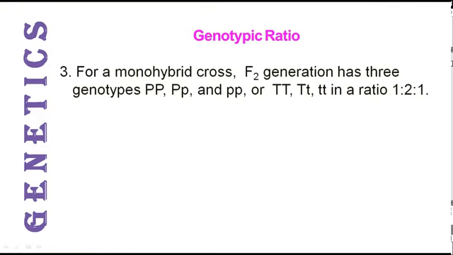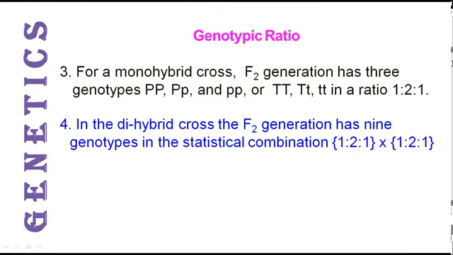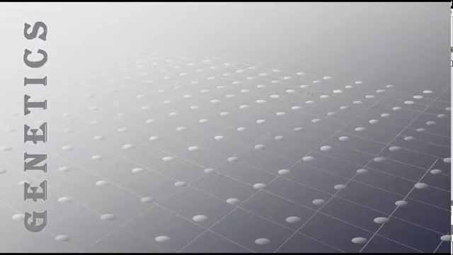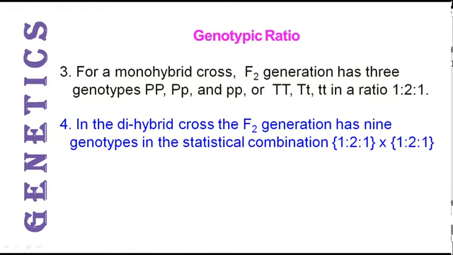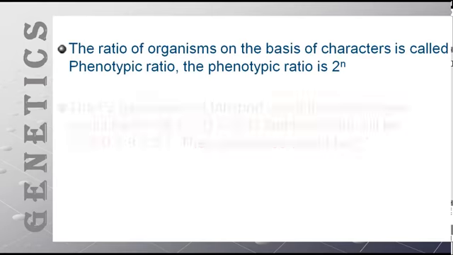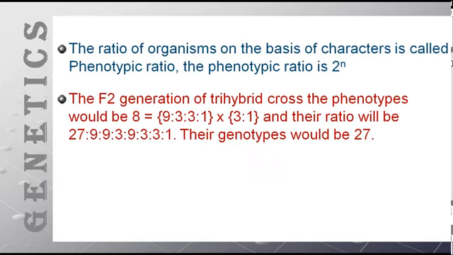For monohybrid cross, 3 genotypes were present in a ratio 1:2:1, and for dihybrid cross it was 1:2:1 multiplied by 1:2:1, that is 9 3 3 1 into 3:1, phenotypic ratio 8 and genotypic ratio will be 27.